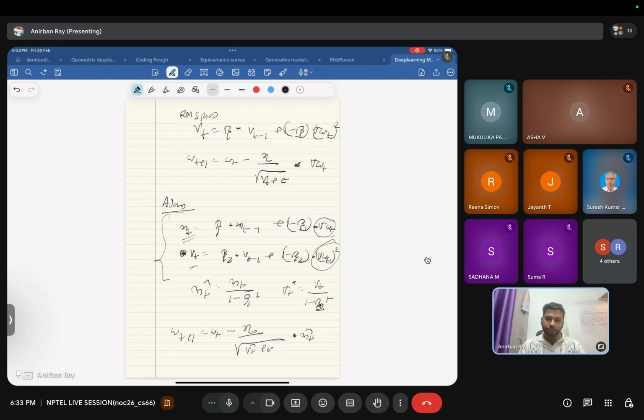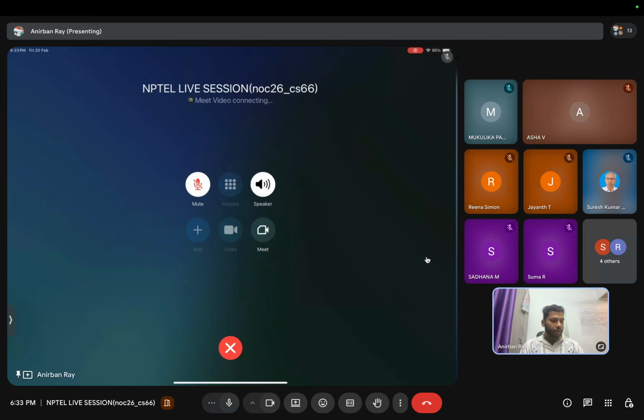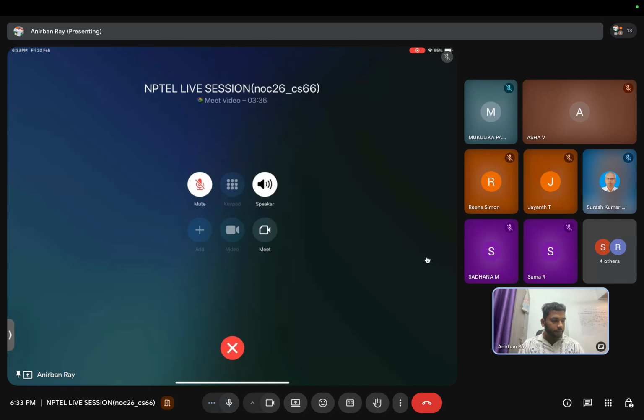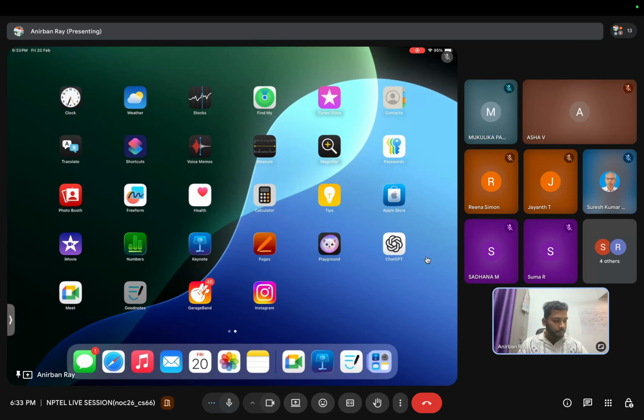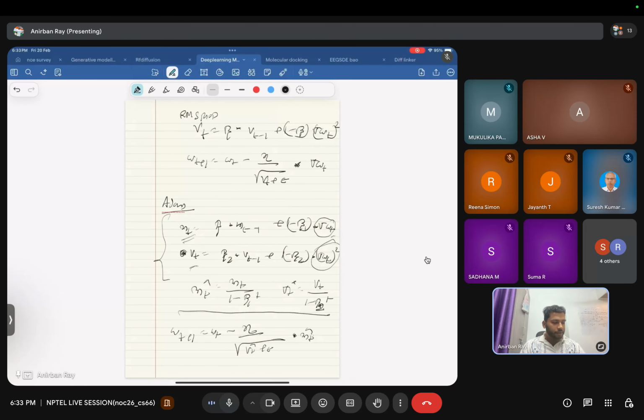Then you calculate the unbiased estimator of it, which was shown here. This calculation helps in unbiased estimation of the mean and variance terms. Understood?